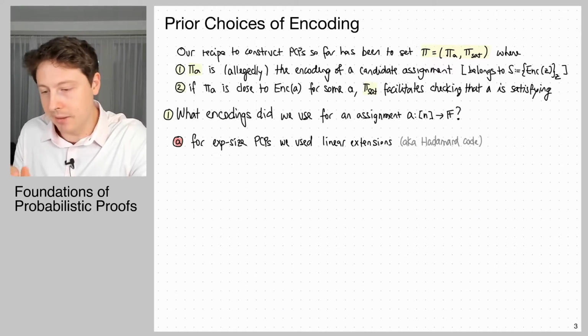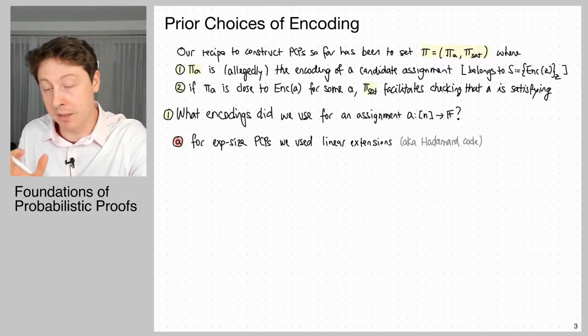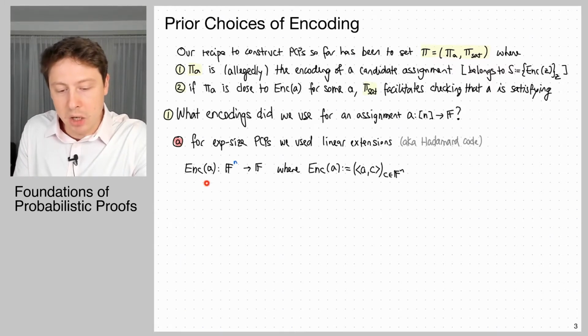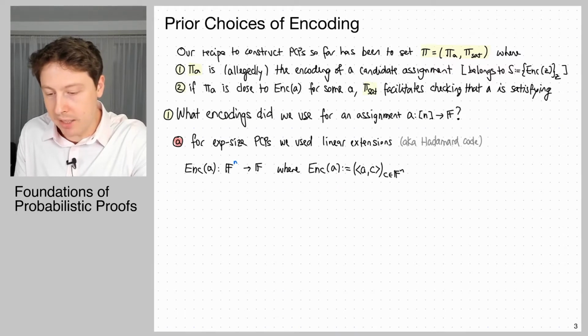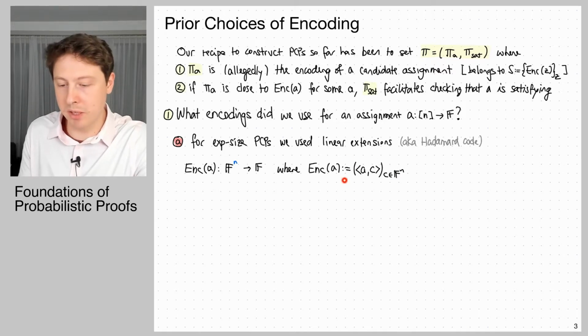In this course, I don't emphasize the coding theoretic perspective as much, but that is the Hadamard code. Intuitively, the encoding of A, which has length n, was a function from F^n to F, where the function itself consists of all these locations. If you give me an input C, the answer of the function is the inner product of A with C. So that was the encoding.